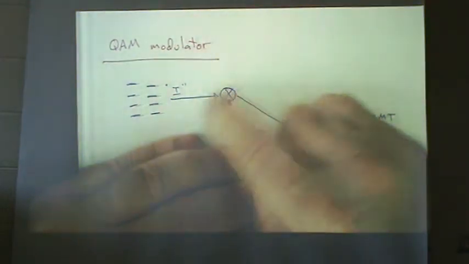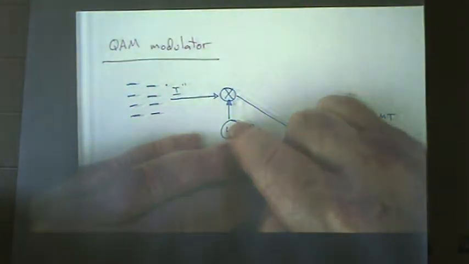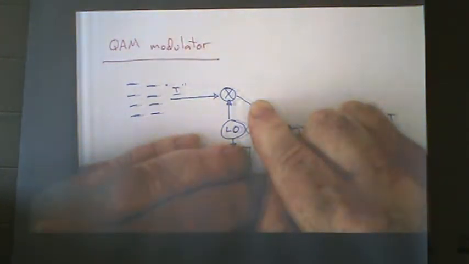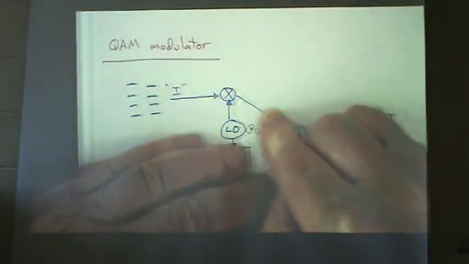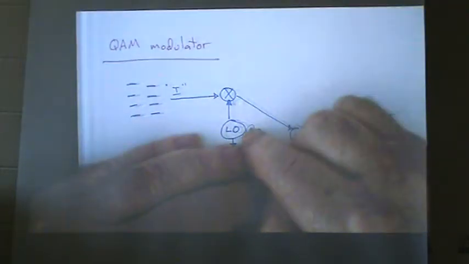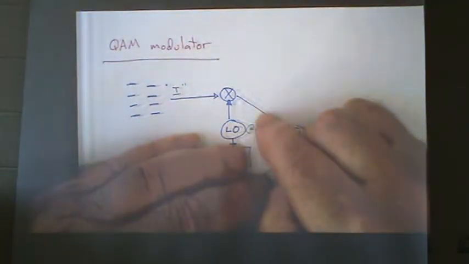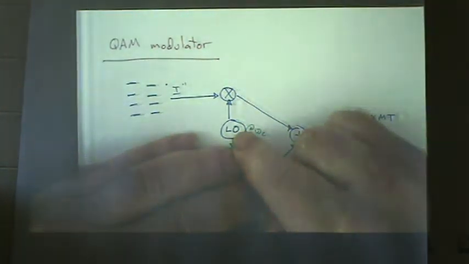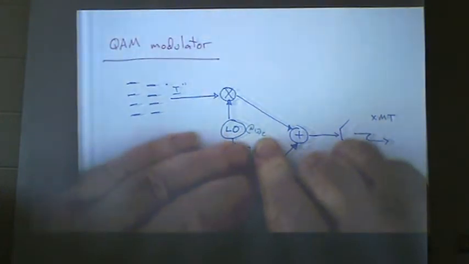When you take one sine wave and multiply it by another sine wave, you get the sum and the difference frequencies. The difference frequency you throw away, or you keep it, but anyway, you've modulated it up to the frequency of the local oscillator. I'm going to call that omega sub C.